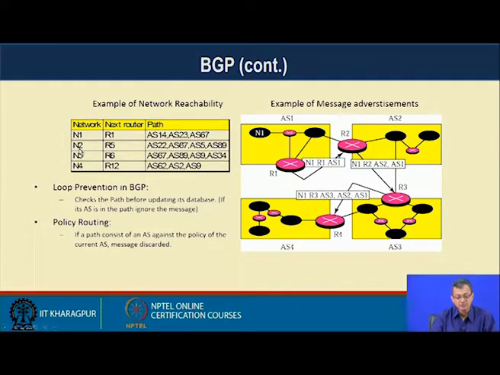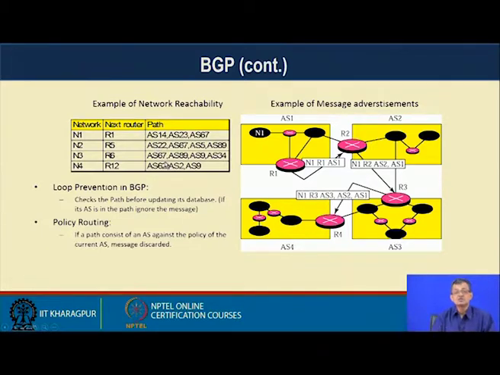In order to reach N2, the next router is... now, do not try to directly match with this figure. The table is an example of network reachability, right. So, in order to reach N1, the next router is R1 and the path to be followed is 14, 23, 67. In order to reach N2, the next router is R5 and the path followed is so and so forth.